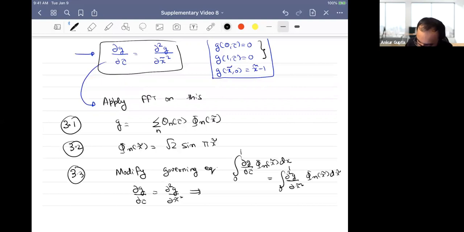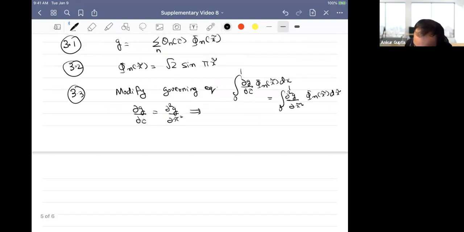And I think you can all verify this, that this basically becomes d theta n by d tau on the left hand side. Here we get the same del g by del x phi n, sorry, del g by del x, not del theta, my mistake.